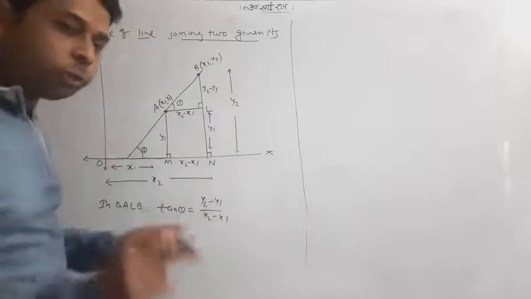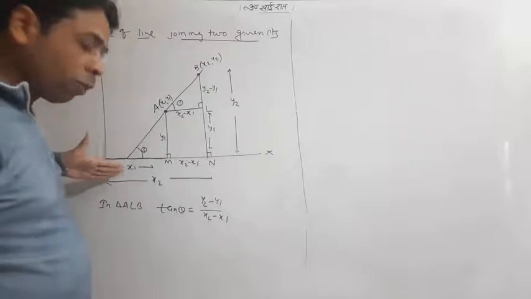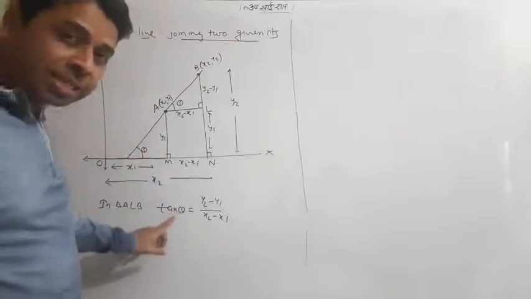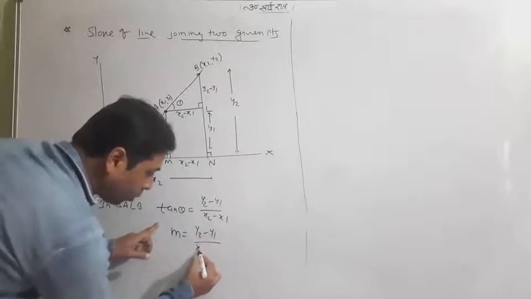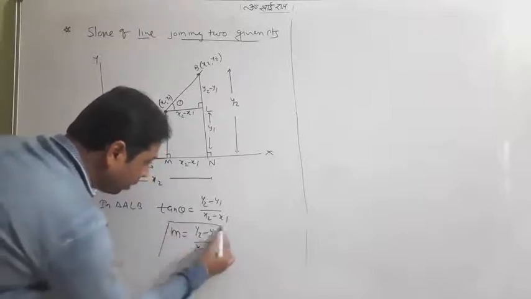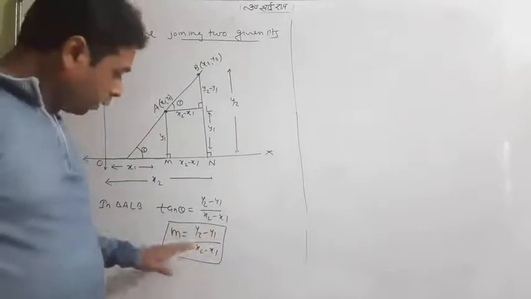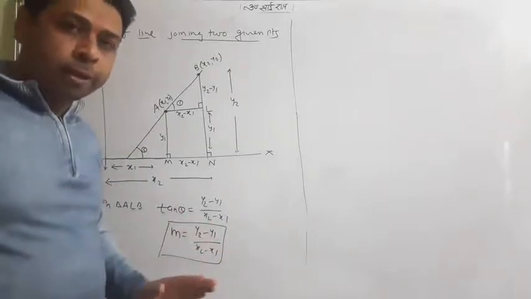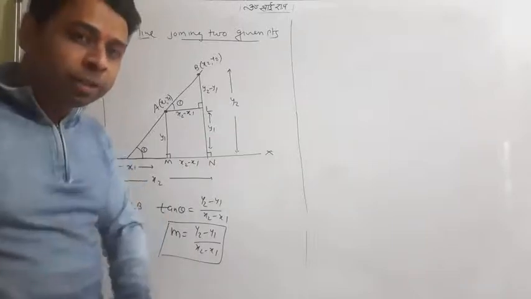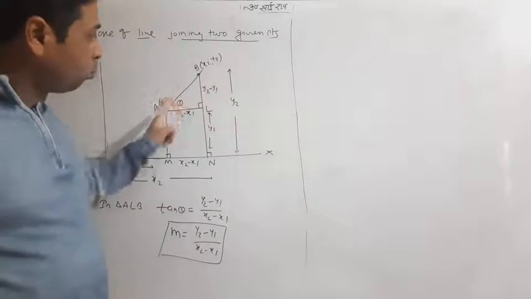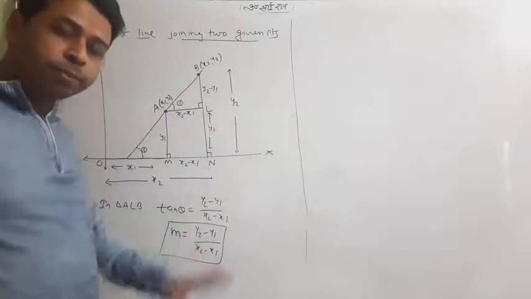And I taught you that the slope of this line was tan theta, which is m. So m is y2 minus y1 upon x2 minus x1. You have got one very important formula: the slope of the line where theta is not given, joining 2 points x1 y1, x2 y2.